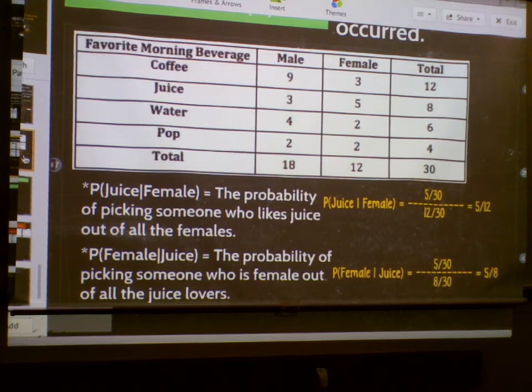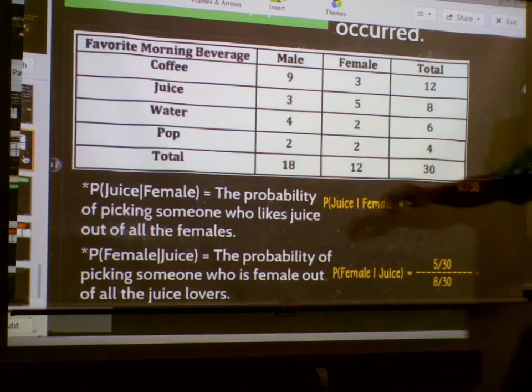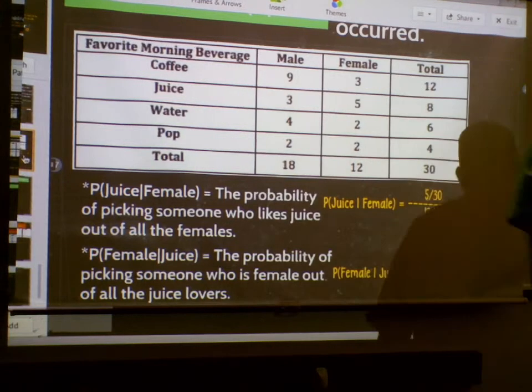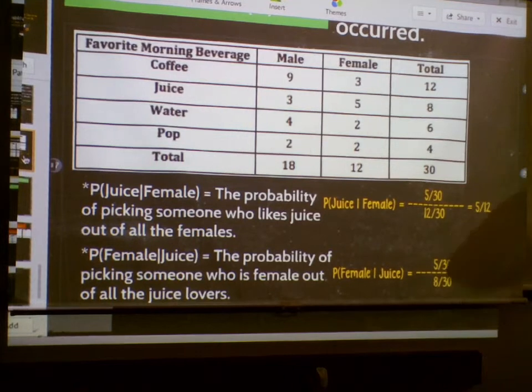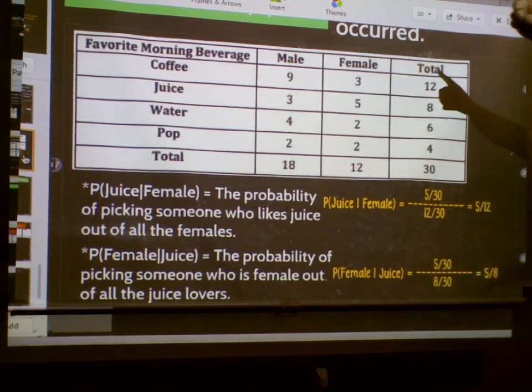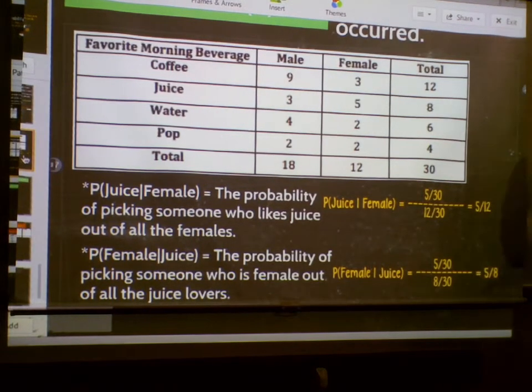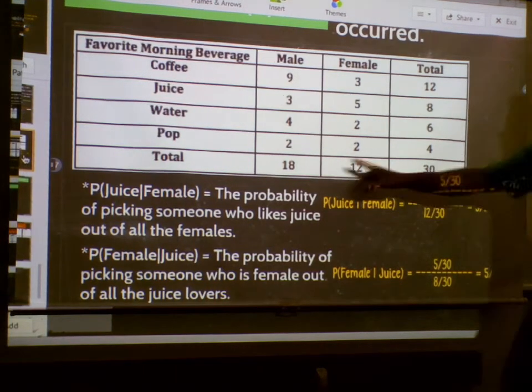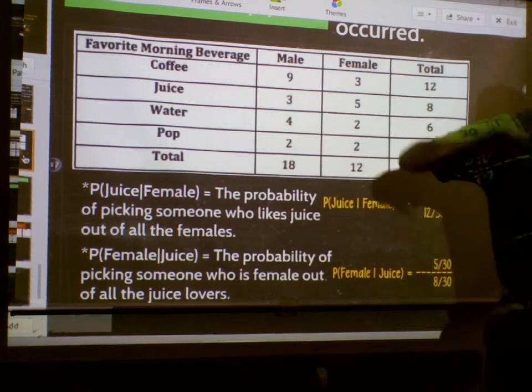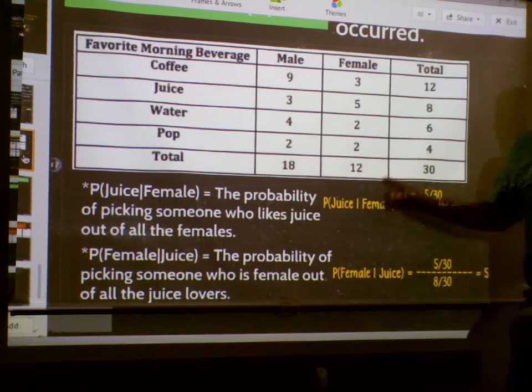Probability of juice given female means I'm going to say everybody who's not female, leave the room. So how many people are left in the room now? 12, because I had 30, 18 male, 12 female. If I say all the males leave, we just have 12 females left.